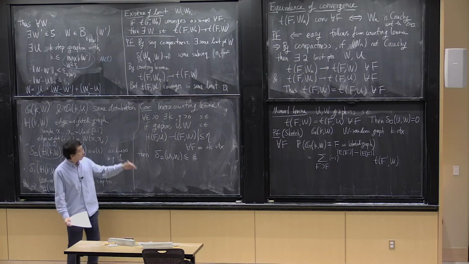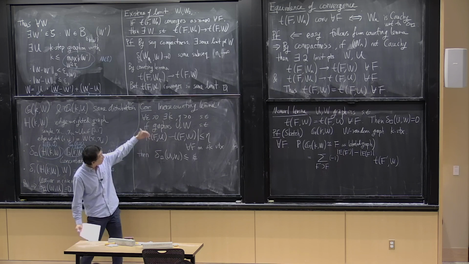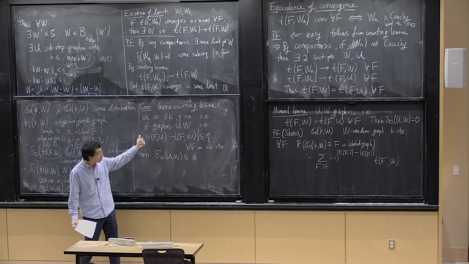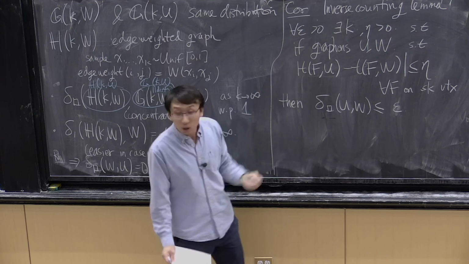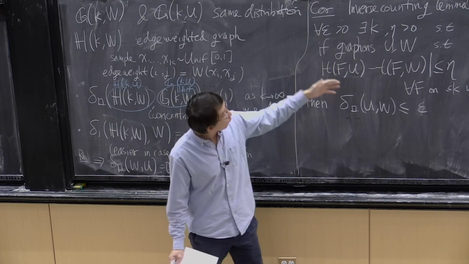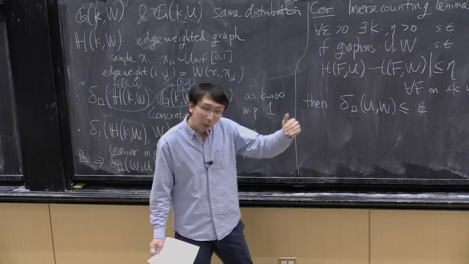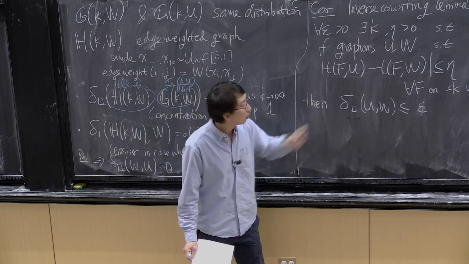So the counting lemma tells you if the cut distance is small, then all the F moments are close to each other. And the inverse tells you this converse. If you have similar F moments up to a certain point, then the cut distance is small.